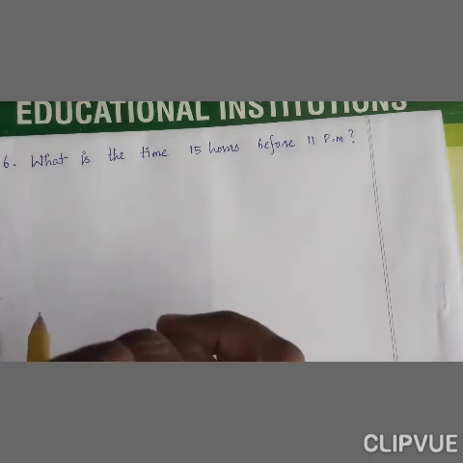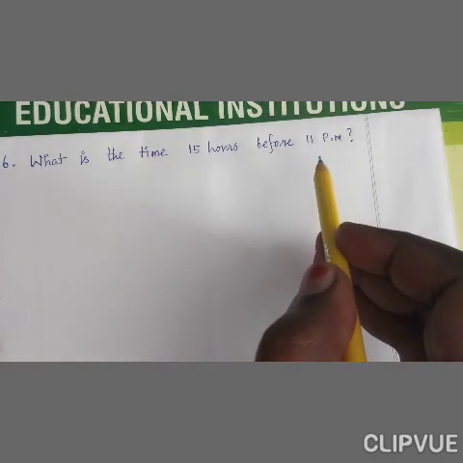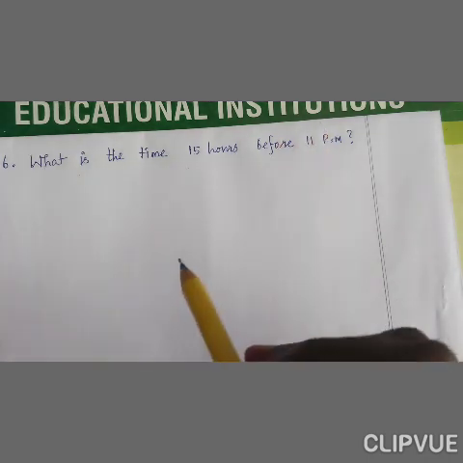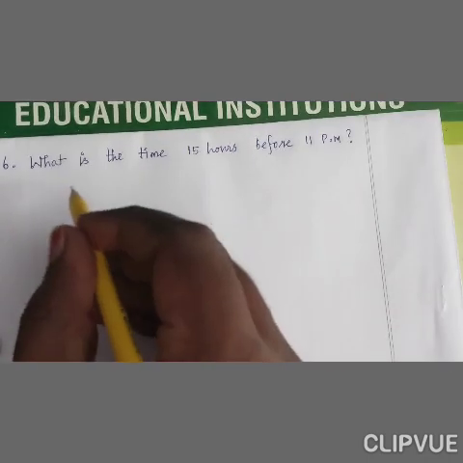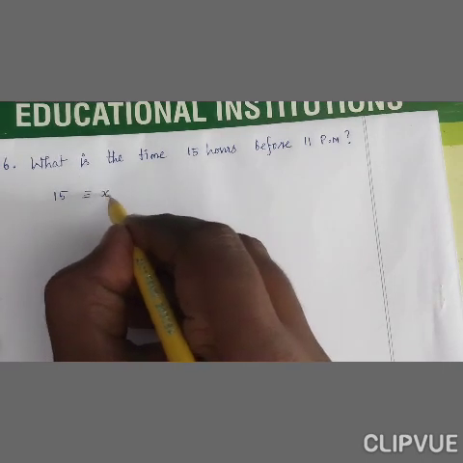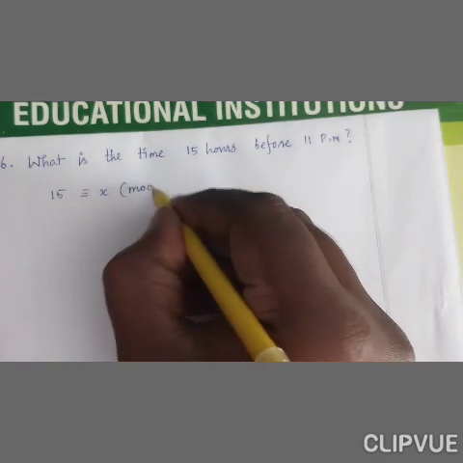Here also we are going to follow the same. So, this 11 comes every 12 hours. So, 15 congruent to x mod 12.